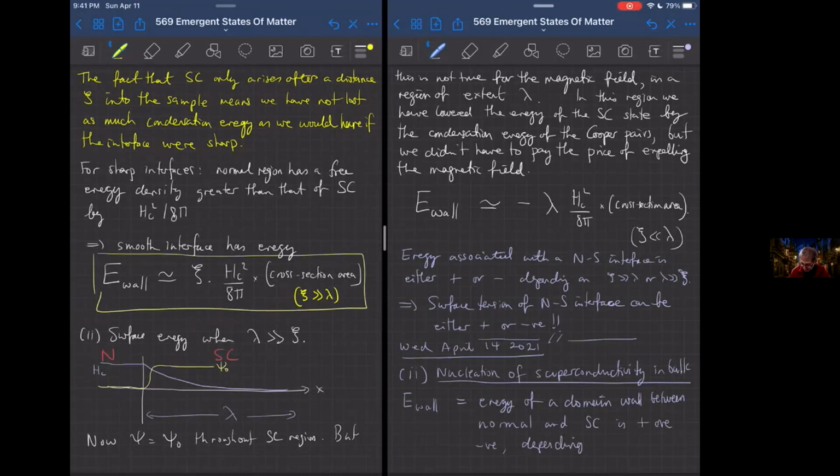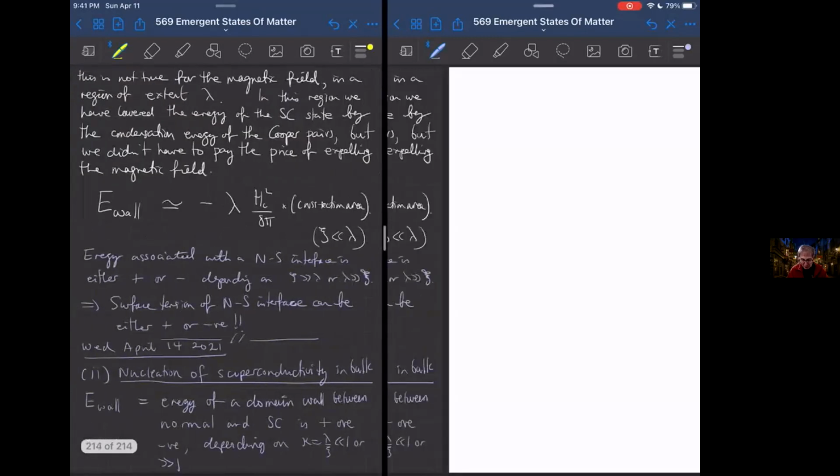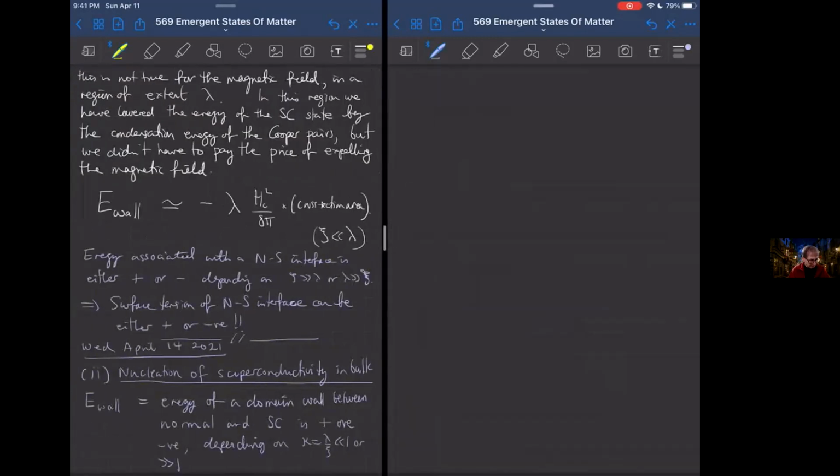In other words, whether the kappa parameter, which is lambda over xi, is much less than 1 or much greater than 1. So that's what we've deduced so far.